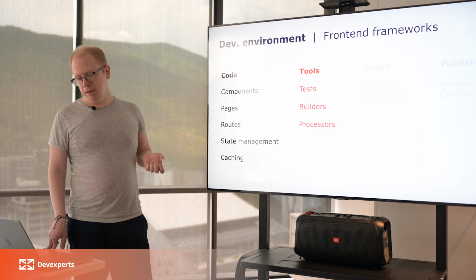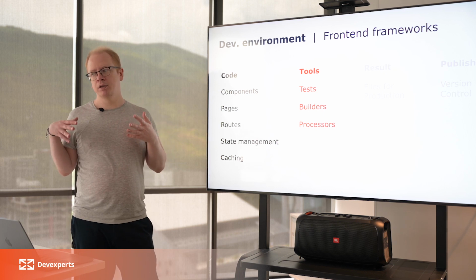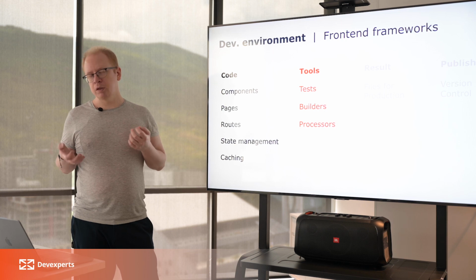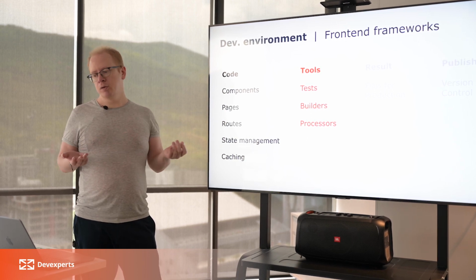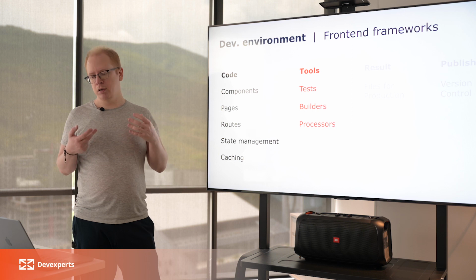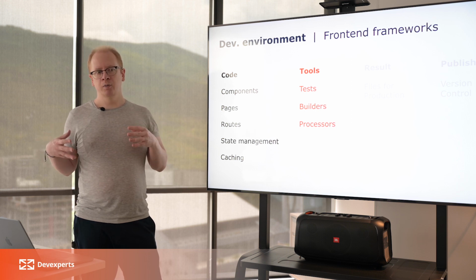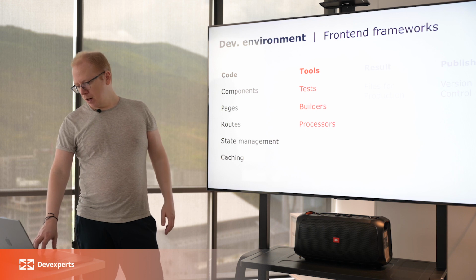We have builders and processors, which are instruments that help optimize our code, help us make the result of our work minified to the smallest size, so it would be much lighter to be sent to the user.